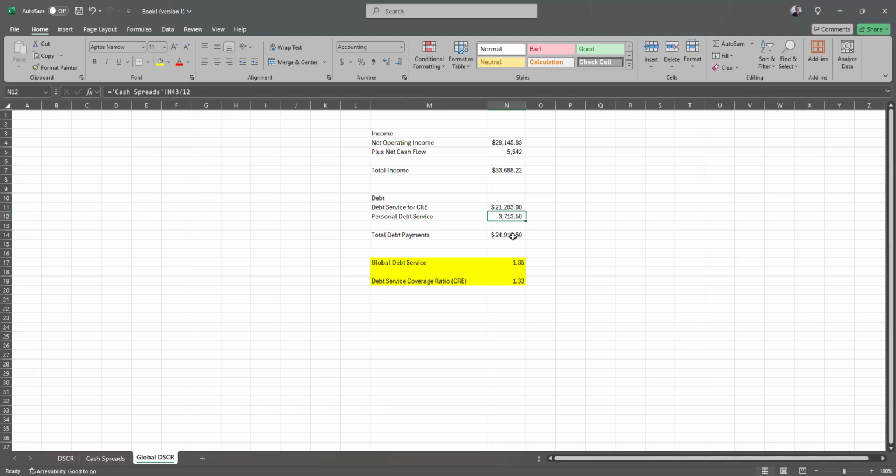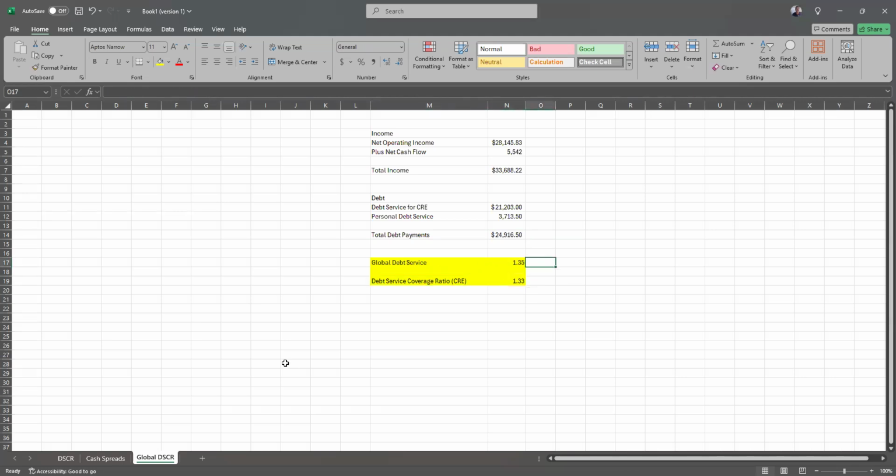And you get total debt payments of roughly $24,916, roughly $25,000. So you have a global debt service of 1.35 and a debt service coverage ratio of 1.33. All right, so that is pretty good. I'll tell you right now that a depository lender is going to be probably in the yellow on this. They're going to like the debt service on this, but they're not going to like the debt service on this.